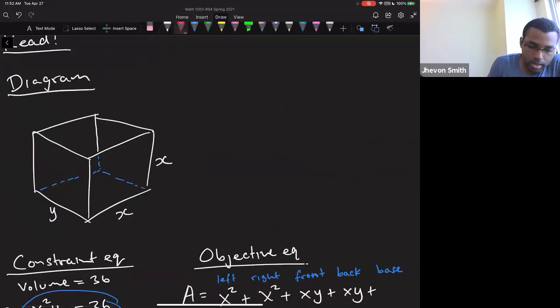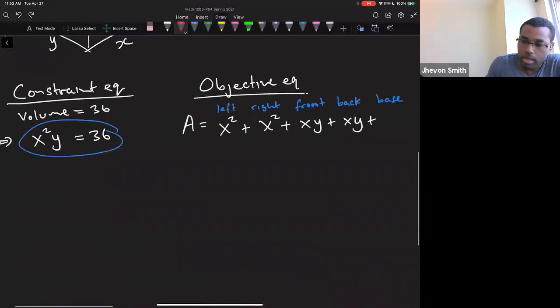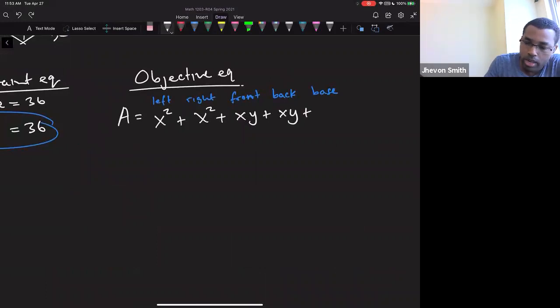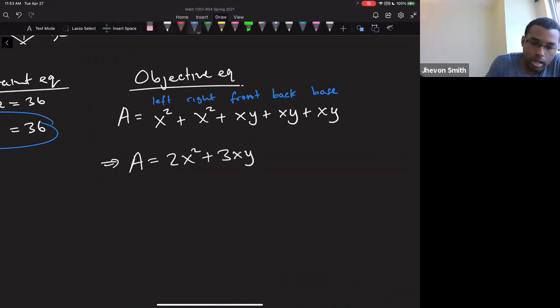And then the base, that's this guy right here. Again, you'll notice it's another rectangle, x times y. Right? So the diagram helps us to visualize the parts that we want to put in. So here you would get area is 2x squared plus 3xy. And that is our objective equation.